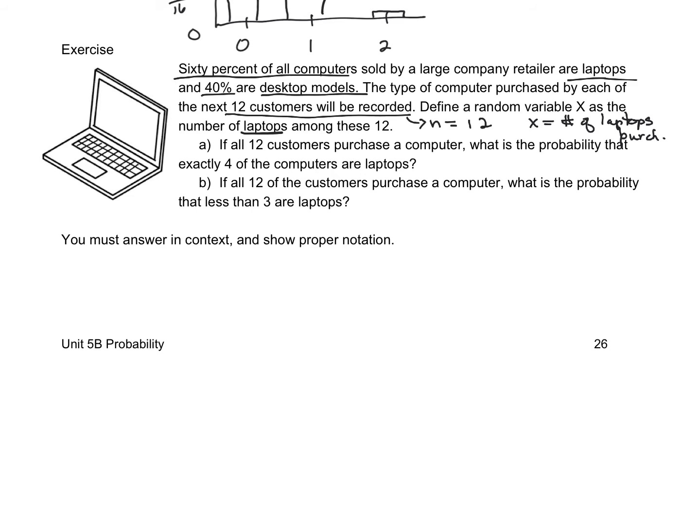Okay. What's the probability that exactly 4 are laptops? So let's write this out the long way, and then we'll use the calculator, because you've got to be able to identify it on the multiple choice section. We know n is 12, right? p is what? What's the probability of success? 60% or 0.6.